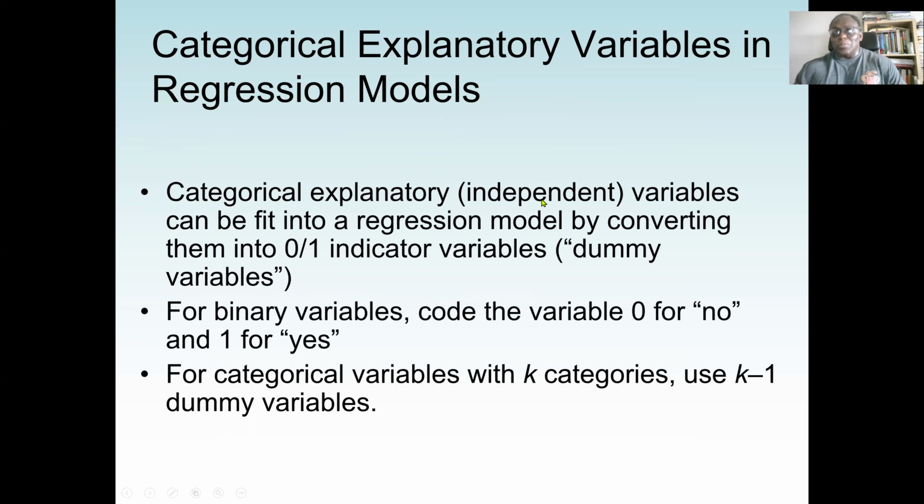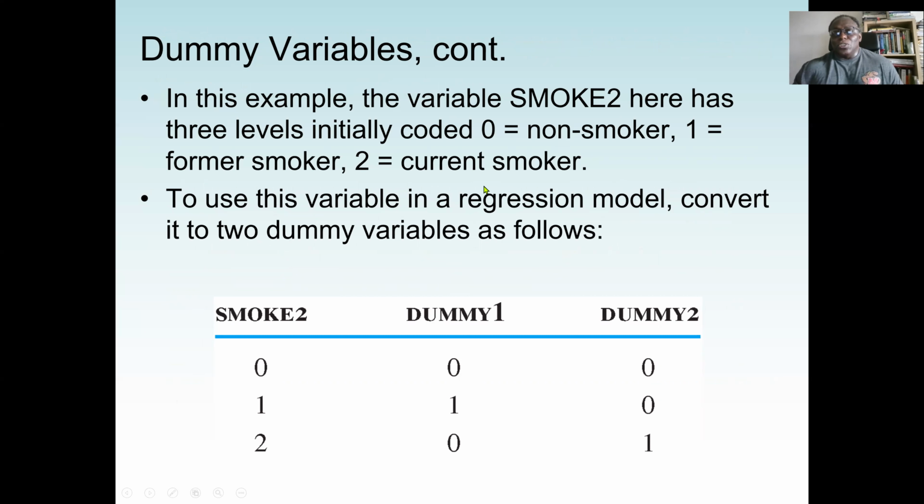So let's see an example here. We have a variable named smoke2, which has three levels. Initially, we code 0 for non-smokers, 1 for former smokers, and 2 for current smokers. In order to use this variable in the regression model, we're going to convert it into two dummy variables as follows.